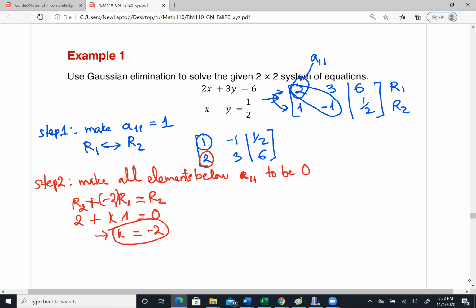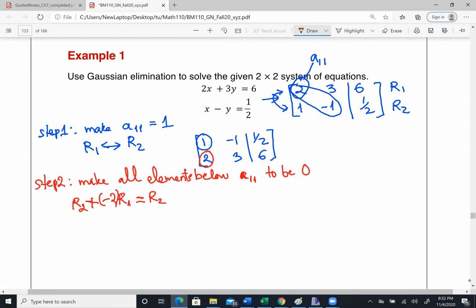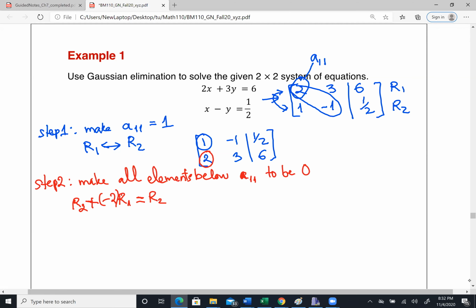Okay. So let me clean this up so we have space. You should actually do it like a draft paper. This is the real step that you need to do to make the first element of the second row become 0.